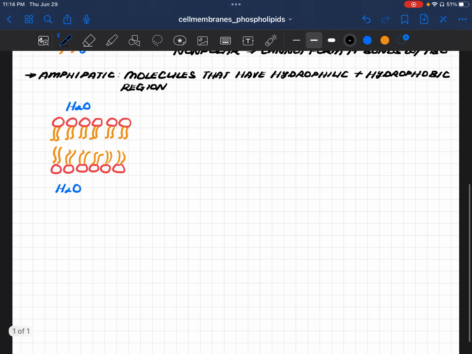So the structure of the membrane can be different depending on how big this phosphate group is compared to the size of the hydrophobic fatty acid tails. So we can have different structures for the cell membrane.